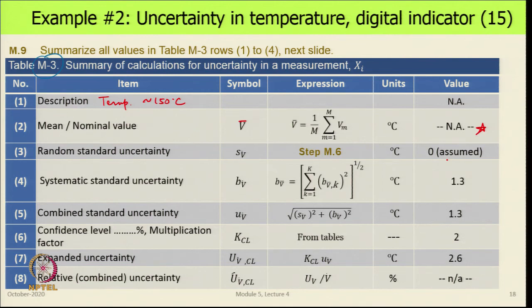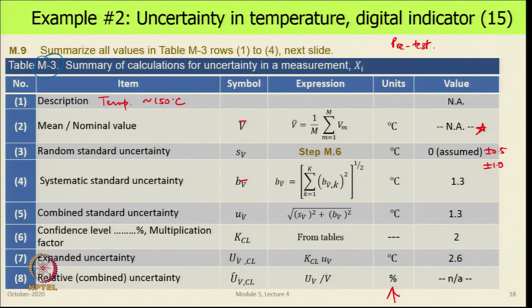We do not have data, we are in the pre-test phase or the design phase. Random standard uncertainty we have assumed to be 0. We could have put a number here based on experience, say plus minus 0.5 or maybe plus minus 1, and then done the calculation and see what happens. Systematic standard uncertainty, we have done the calculation BV bar, this is equal to 1.3 degrees Celsius. We are now writing the units in this case.